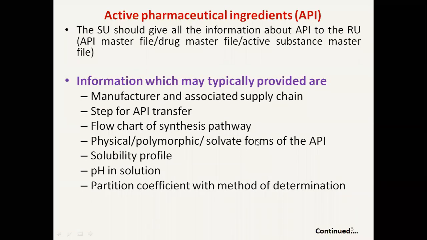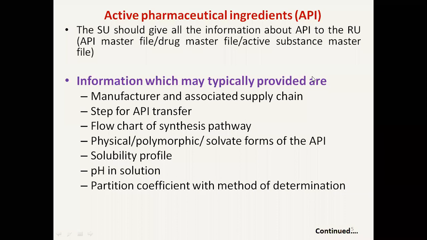Then we move towards the active pharmaceutical ingredients, which are called APIs. The SU, the sending unit, should provide the RU with the open part of the API master file.